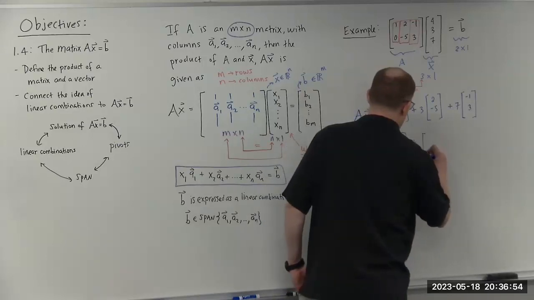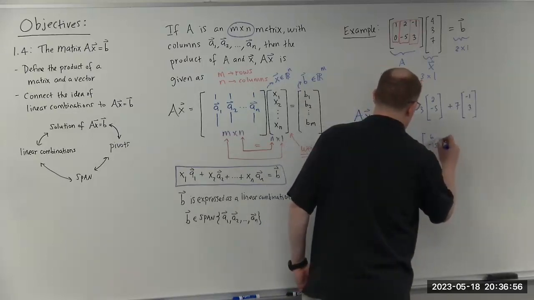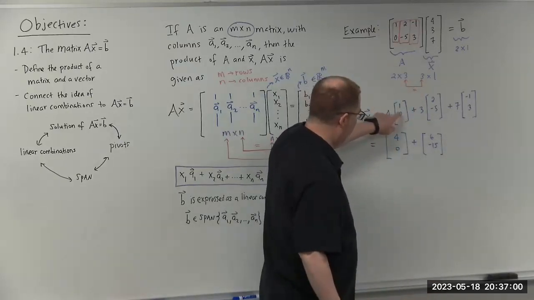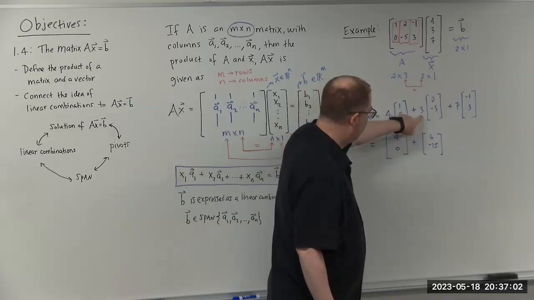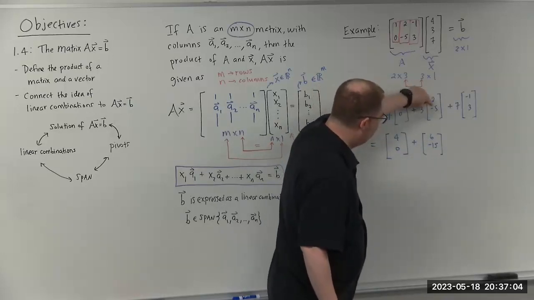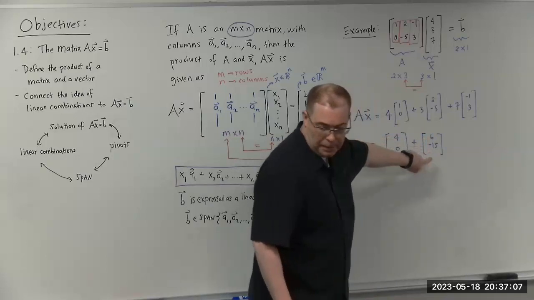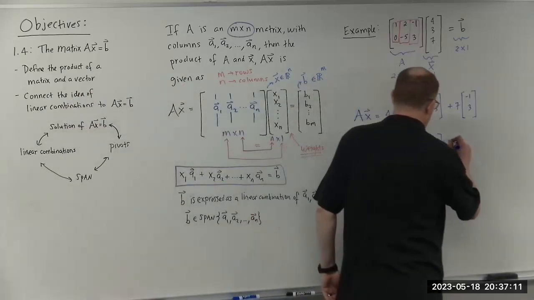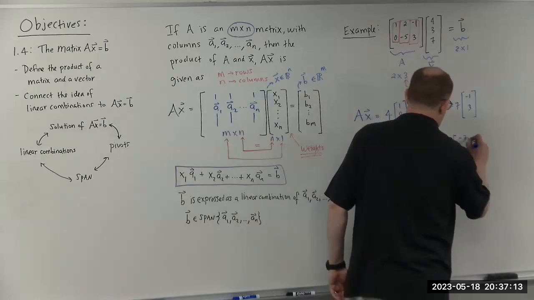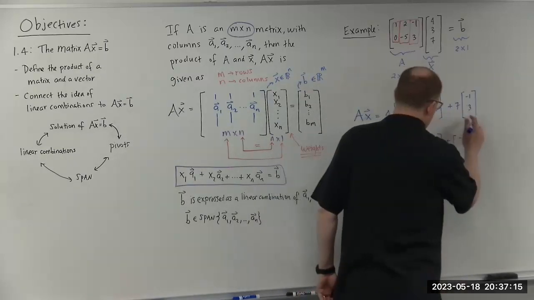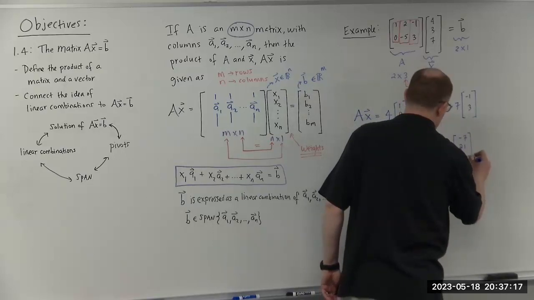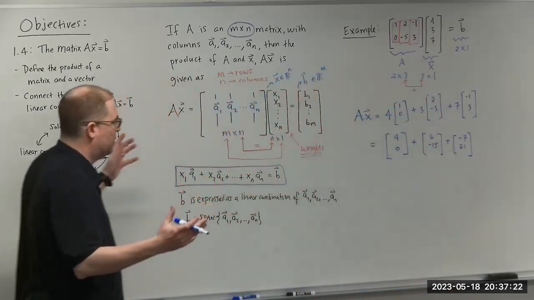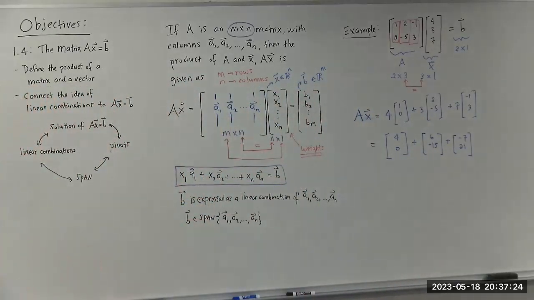Then we have 6, -15. That's a scalar, so you just distribute into each of the entries: 3 times 2 is 6, 3 times -5 is -15. And then finally we have 7 times -1, which is -7, and 7 times 3 is 21. Notice that we get 3 vectors of the same size, and we can combine those.